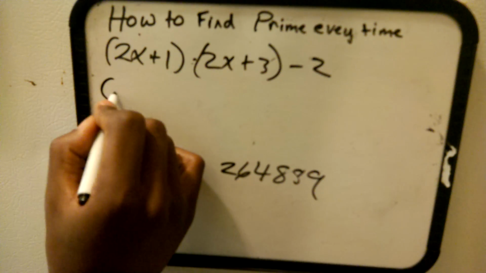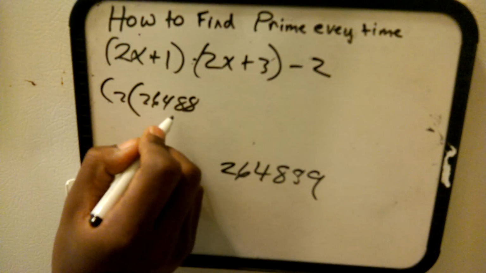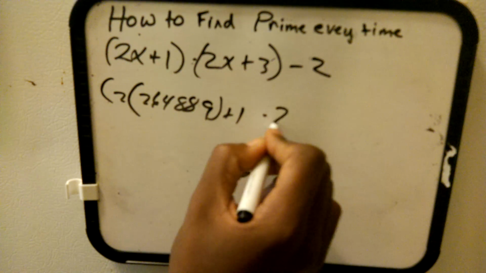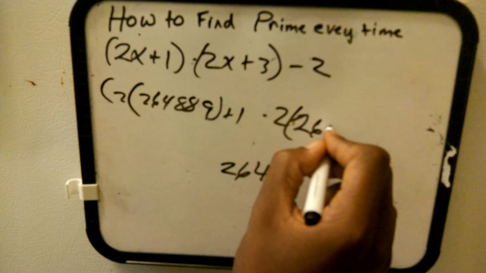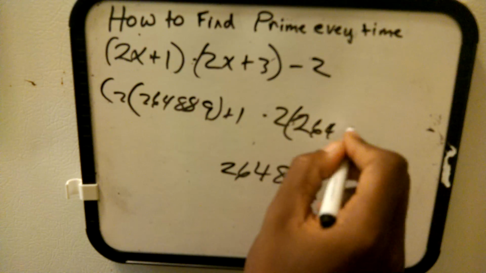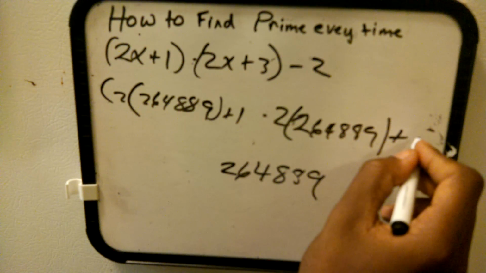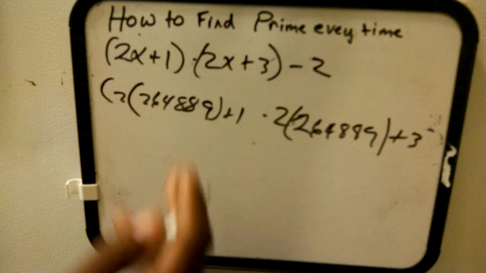So you get 2 times 264889, plus 1 times 2 times 264889, plus 3. Okay, so you divide that.